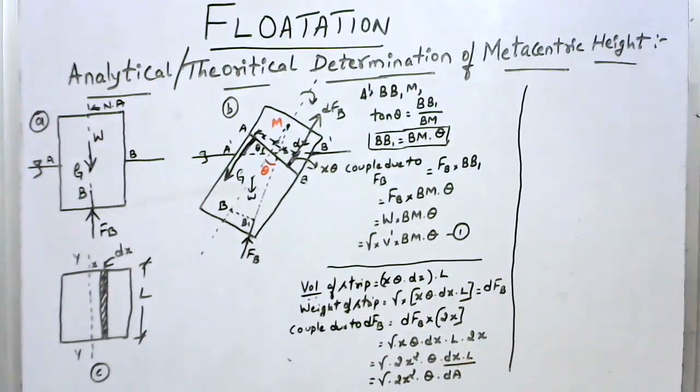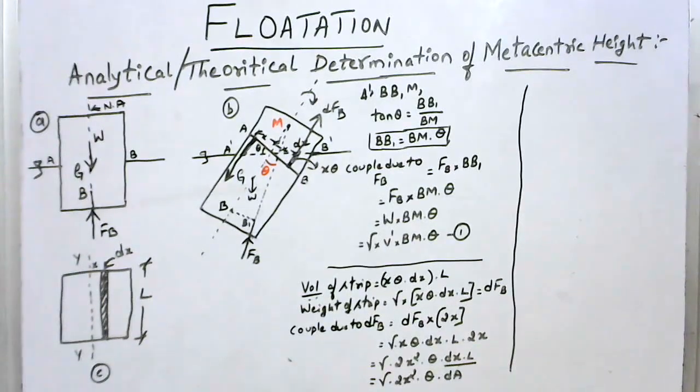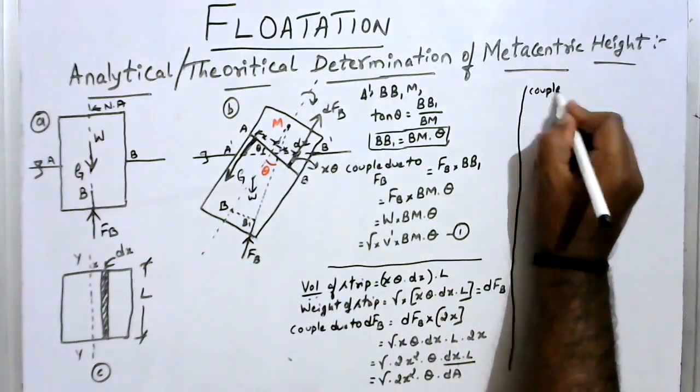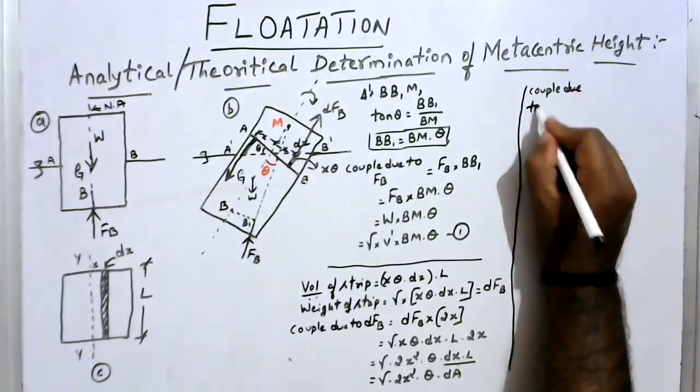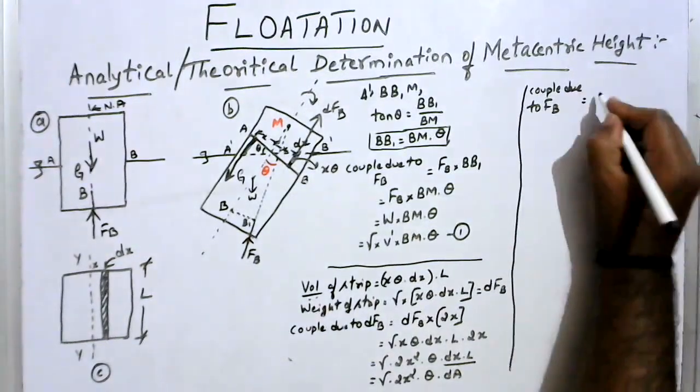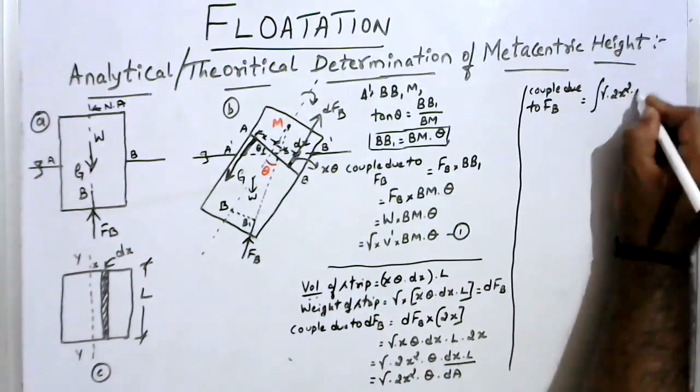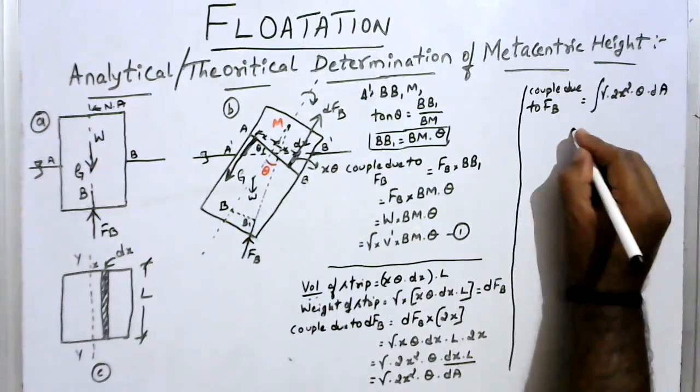So this is the couple formed due to dFB. I need the couple formed due to the entire FB, that is the center of buoyancy, which means I have to integrate this equation. Couple due to FB is equal to the integration of gamma into 2x square theta into dA.